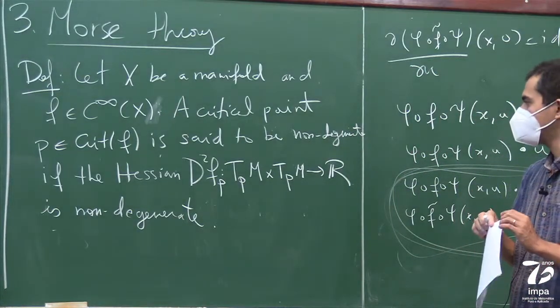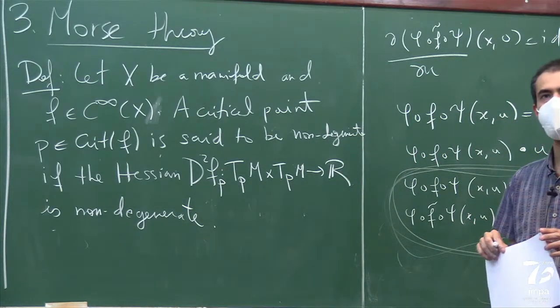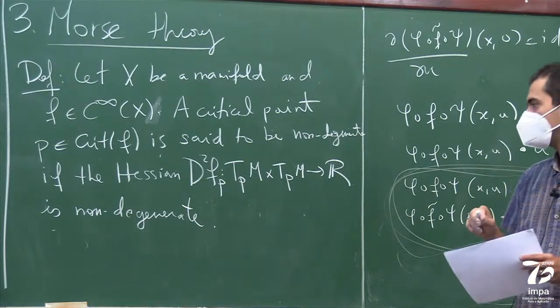Okay, so we have this Hessian symmetric form, and you require that it's non-degenerate.